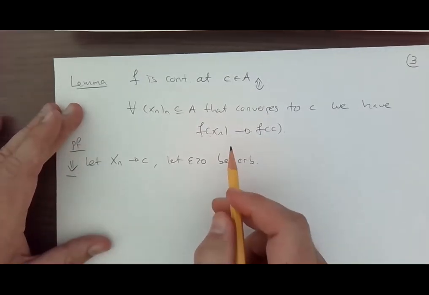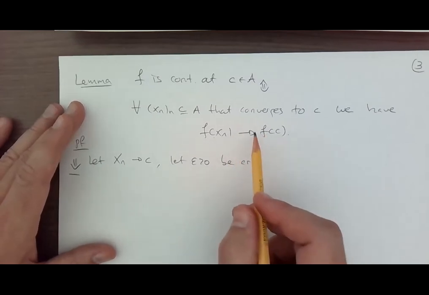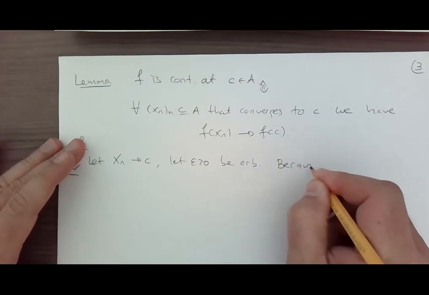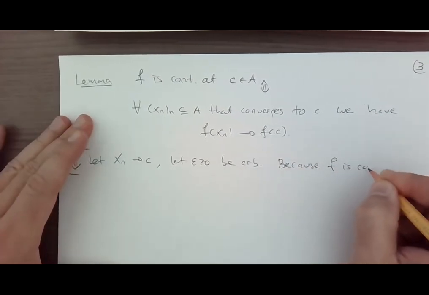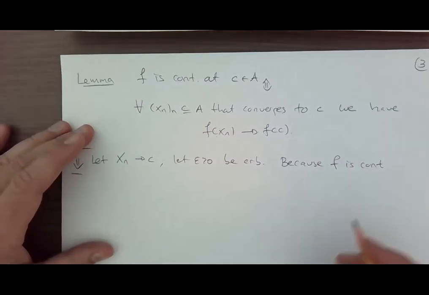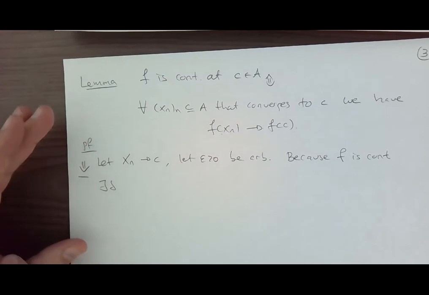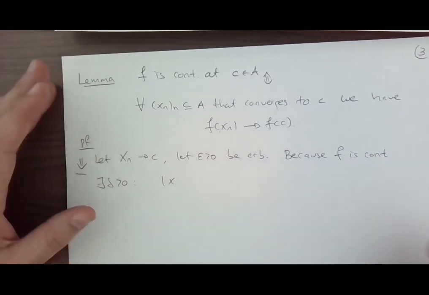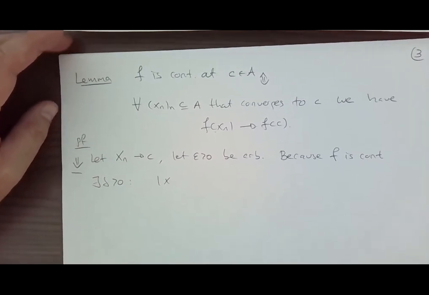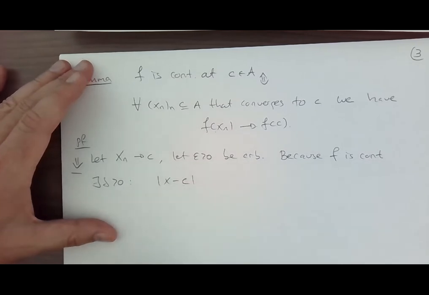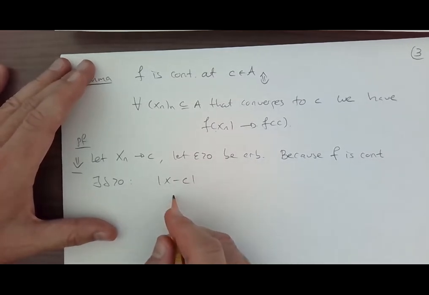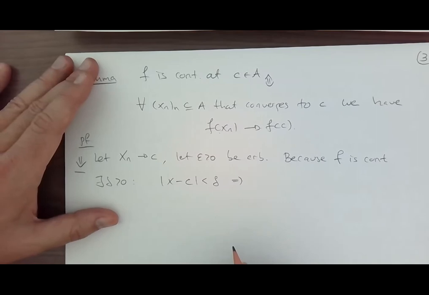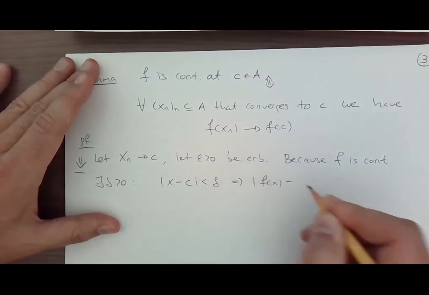Right, so I need to prove this property, and the thing that I have at my disposal is continuity. So because f is continuous, I can find this delta such that if I squeeze x close to C, so x is any number inside A, such that when I squeeze them close to C, so if I keep them less than delta, then that's going to imply that the function values stay close together.